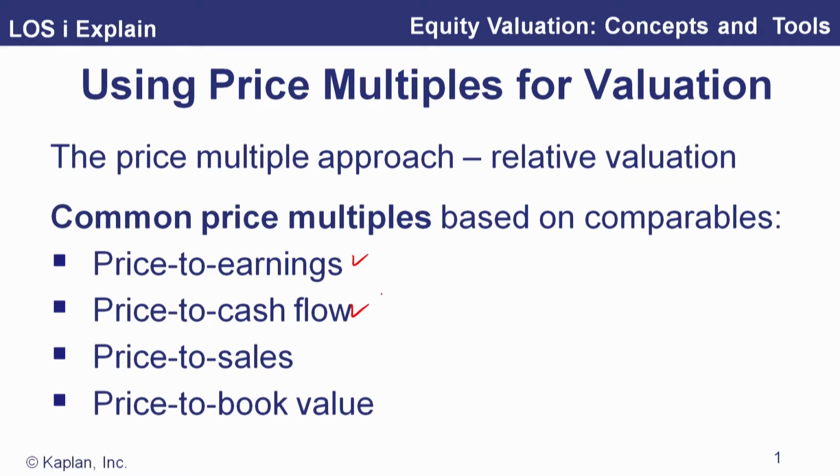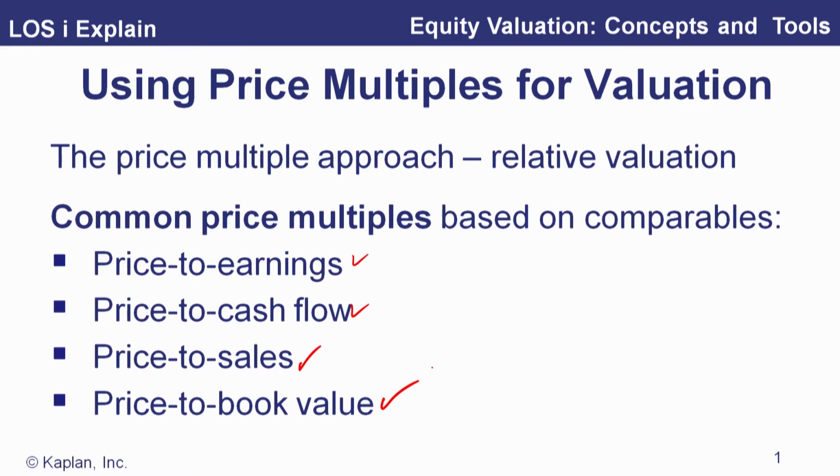How much am I paying per dollar of cash flow or per dollar of sales? Price to book value, well, we really just look at the ratio there, and we'll touch on which circumstances this might be the appropriate model to use.